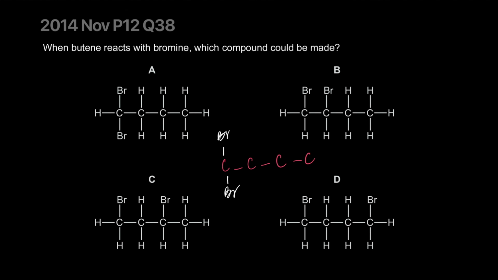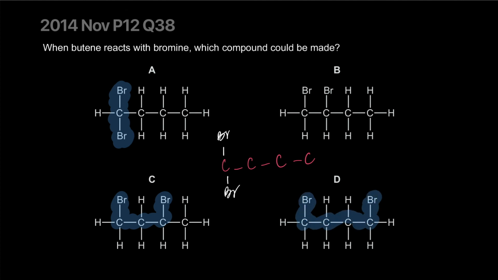These are just permutations of bromines at different places, and they're not going to happen, because the bromine attaches to the carbons with the double bond. The only viable answer over here is where the double bond was, and this is how the bromine chose to attach itself, right? And our answer is B.